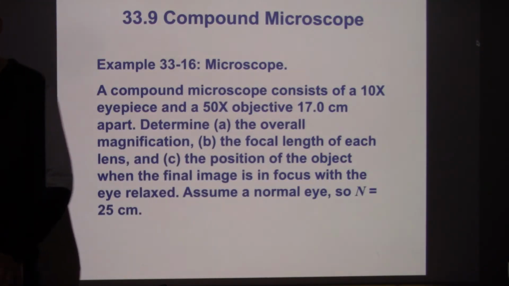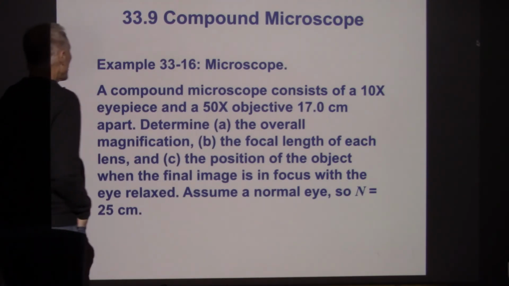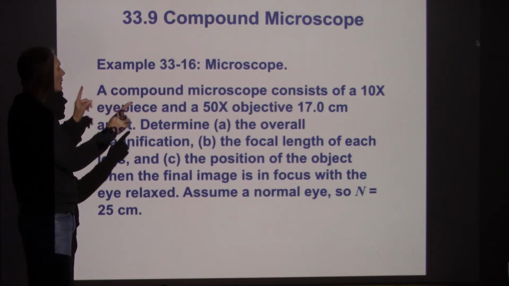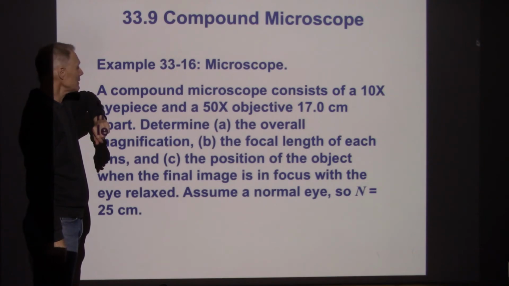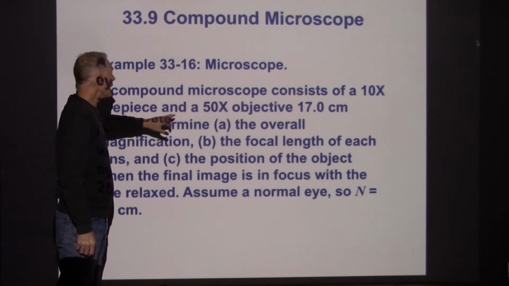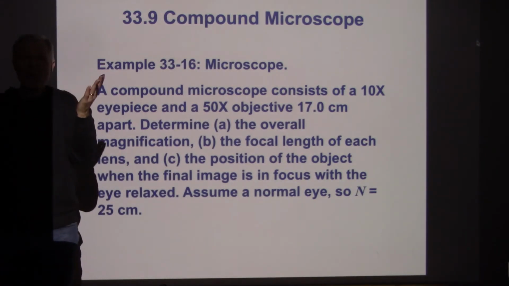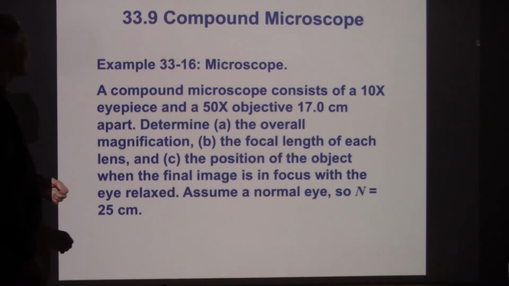Okay, so here we go. Here is our compound microscope problem. So what we're going to say is we have a compound microscope. There are two lenses. The eyepiece has a magnification of 10, and the objective lens has a magnification of 50. What does that mean? I have to go back and think about what those numbers mean.